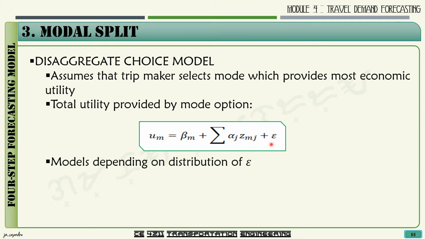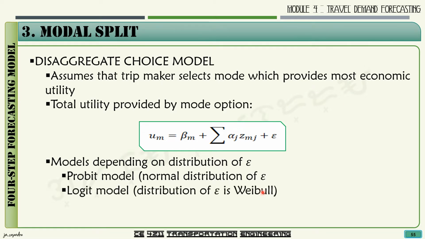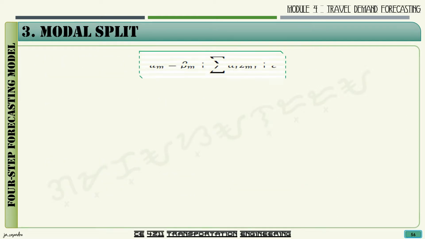Depending on the distribution of epsilon, the models will be either the Probit model, with a normal distribution of epsilon, or the logit model, which follows the Weibull distribution from your statistics.